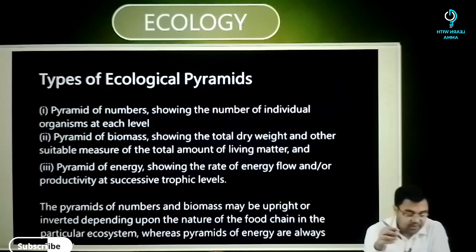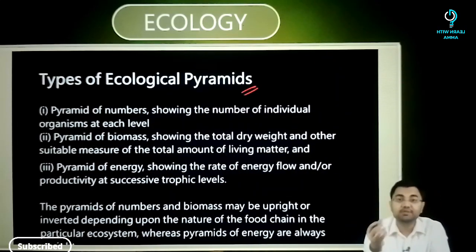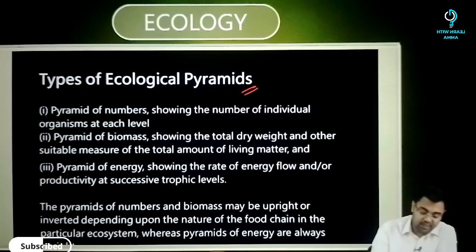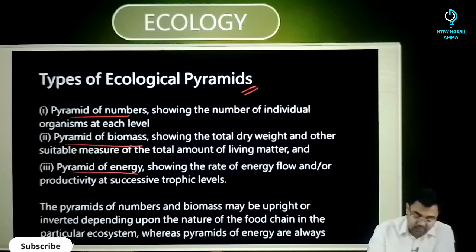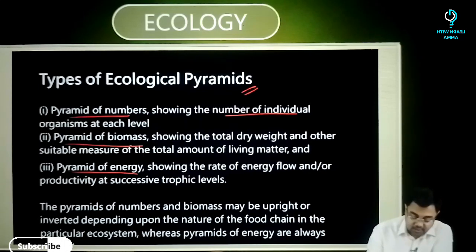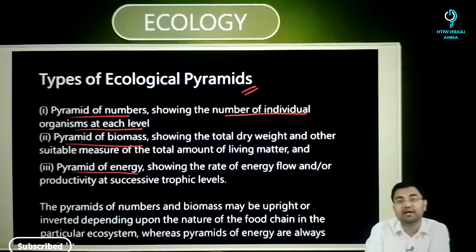So first of all, let's see what kinds of pyramids we have and why we need these pyramids. We have a pyramid of number, a pyramid of biomass, and a pyramid of energy. Pyramid of number will show the number of individual organisms at each level.